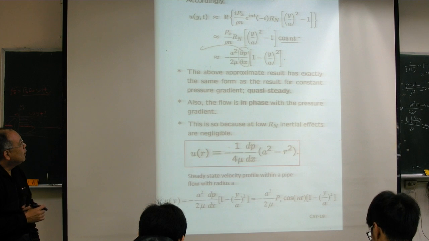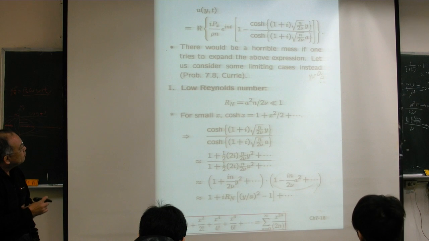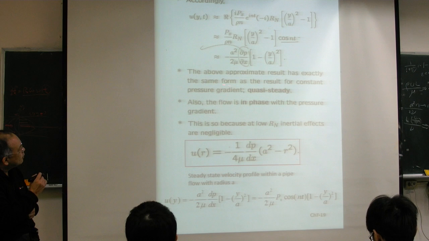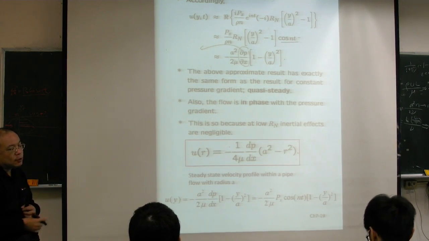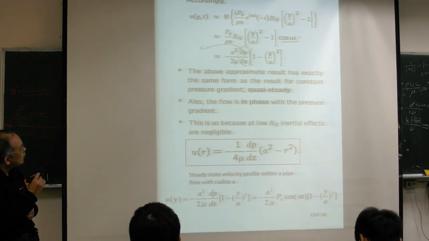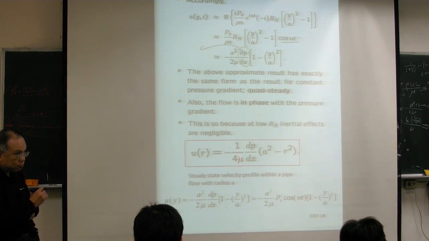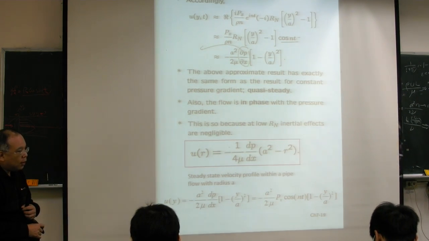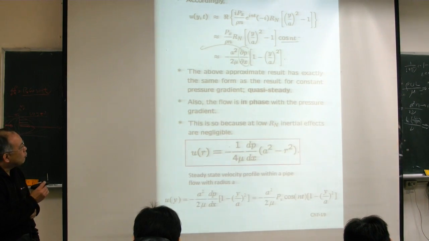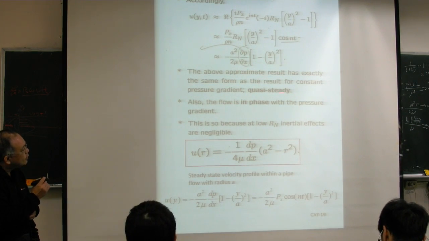Under the low Reynolds number condition, our velocity profile has exactly the same form as with a constant pressure gradient, even though this is an unsteady pressure gradient. That means our flow can be regarded as quasi-steady.